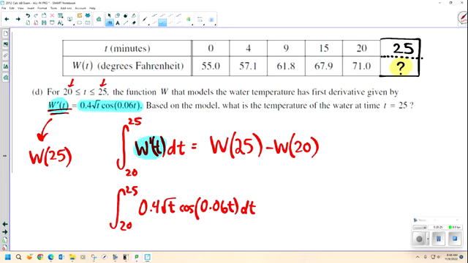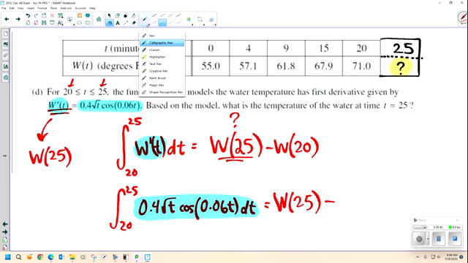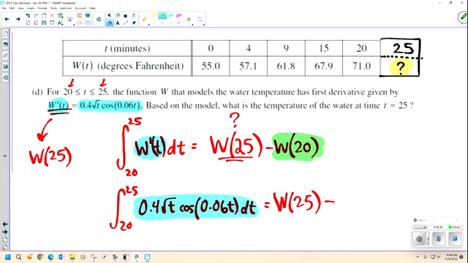That's my W of t, and that's one of the values. This equals what I'm trying to find, W of 25, minus W of 20, which is 71. It's on the table.